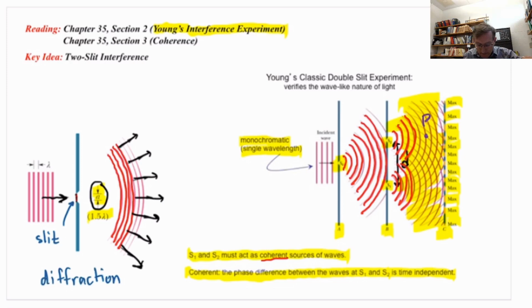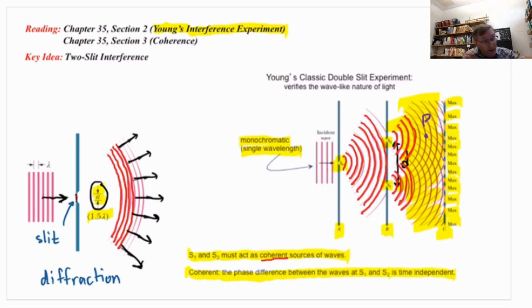Whatever phase difference there is between the light waves emanating from 1 and 2, it has to stay that way. And that's why Young needed to start with the first slit A, with the one narrow slit, so that you had that single wave front in the middle region impinging on screen B. And then he found that S1 and S2 would act like what are called coherent sources.